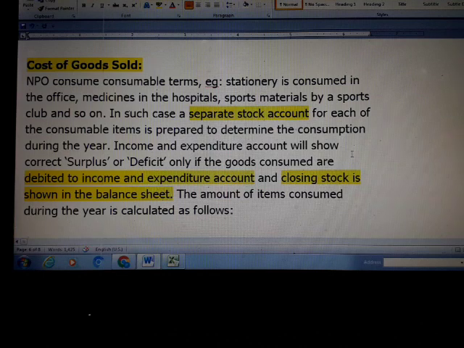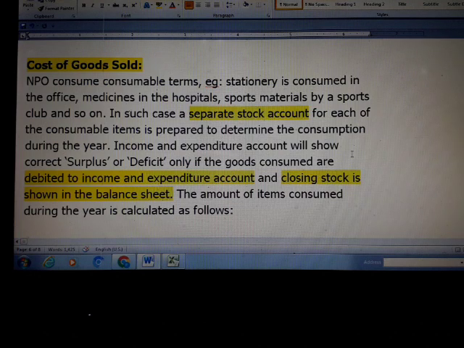That means if we are going to prepare an income and expenditure account for a hospital, then hospitals will use medicines. So for medicine we need to have a separate account. Or if you are going to work it out for a sports club, then for sports materials or sports equipment, you may have to maintain a separate stock account. Or if you are going to work it out for some normal non-profit organization, in that case stationery is given as one item, then for stationery you have to maintain a separate account.